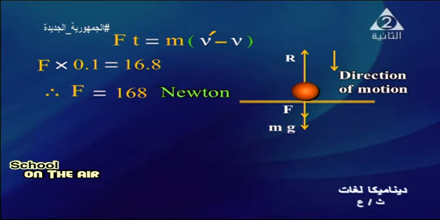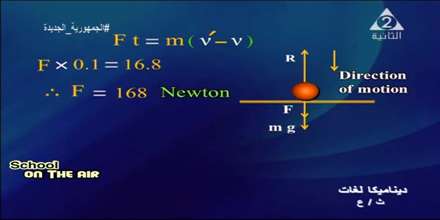Now, when the ball hits the ground, the ball acts on the ground by two forces: its weight, mg, vertically downward, and the impulsive force, F, which acts vertically downwards in the direction of motion of the ball.